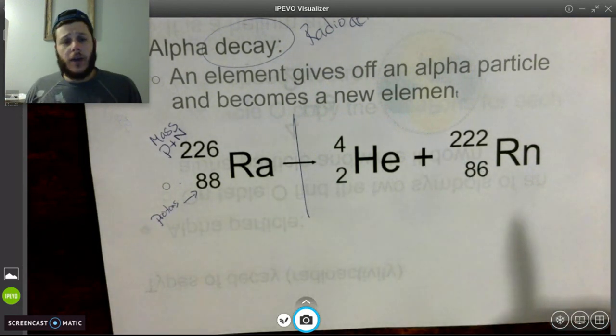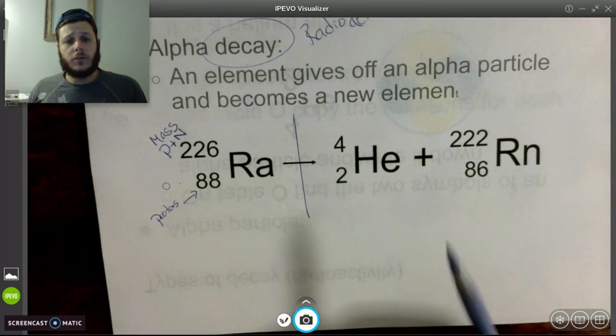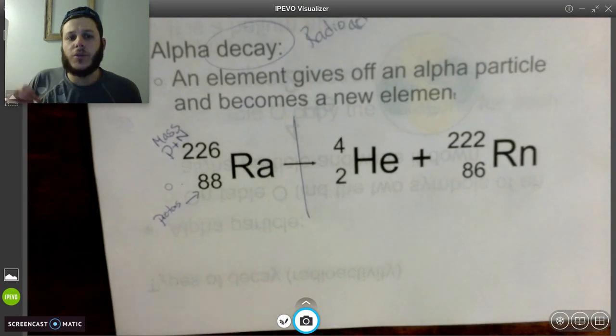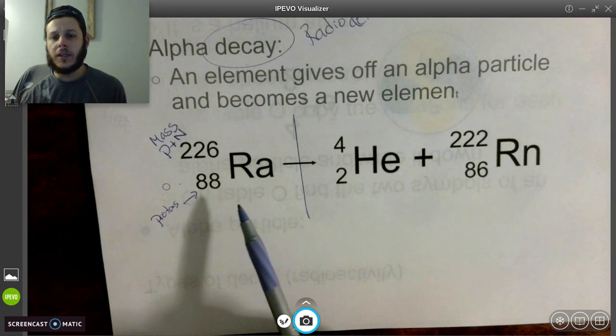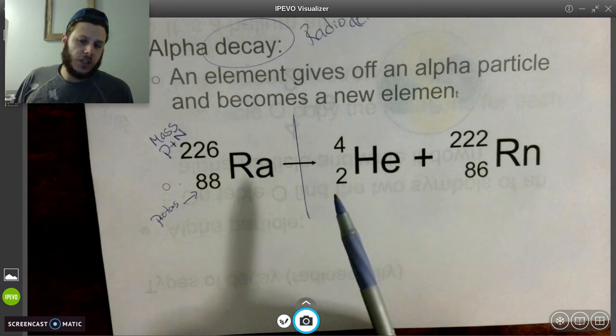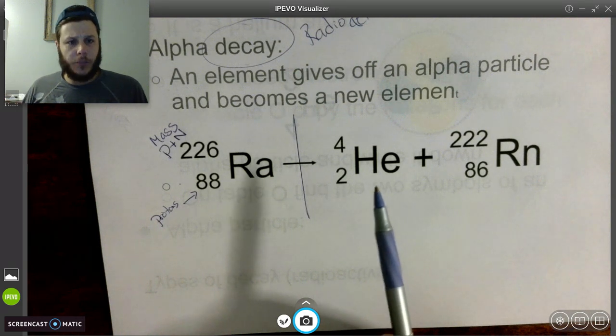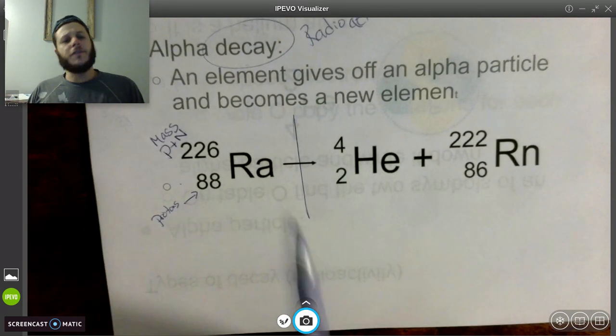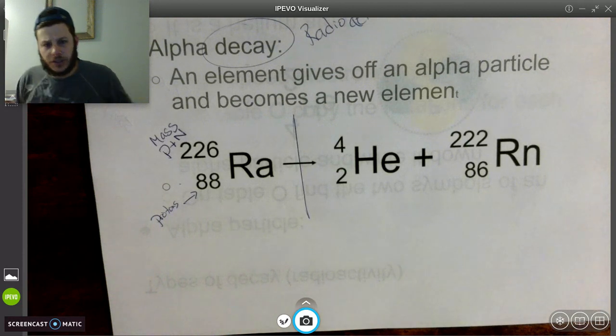This is a radioactive equation and a transmutation, where one element turns into another by losing some sort of particle in the process. So that's alpha decay, and that's how this reaction works out.